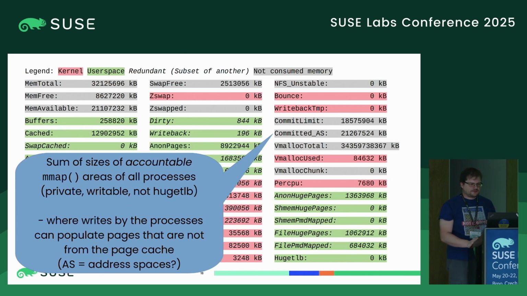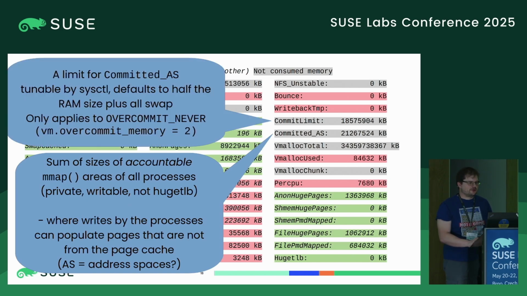That basically tries to estimate how much the kernel promised to the user processes that they can consume, but the promise is always much higher than the total amount of memory, because Linux normally does something called overcommit.